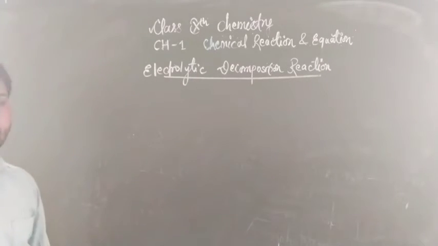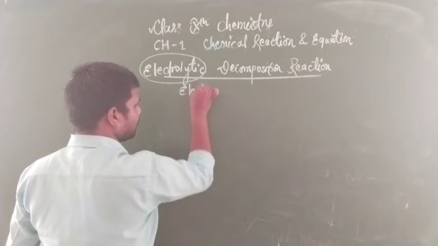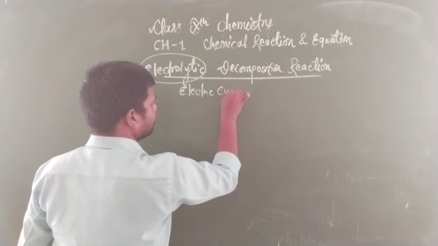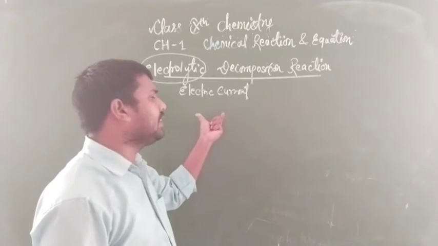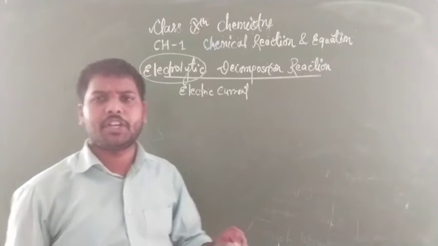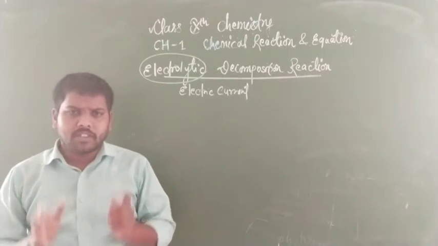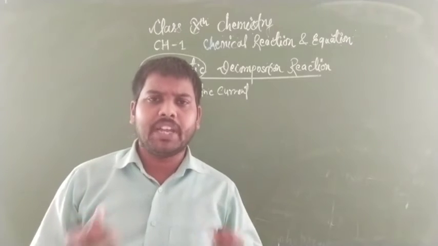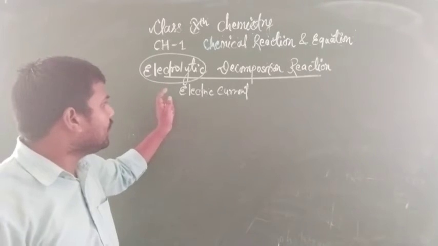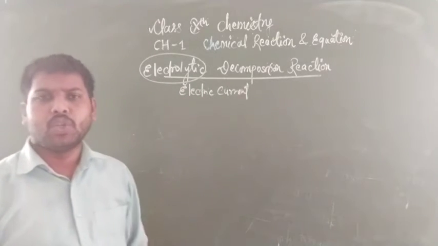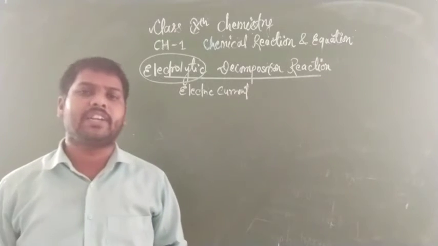See children, electrolytic stands for electric current. Means the decomposition reaction which is carried out by electric current is called electrolytic decomposition reaction. In other way, you can say the compounds which break with the help of electric current, these reactions are called electrolytic decomposition reactions. So now children, we will see how the compound breaks with the help of electric current.